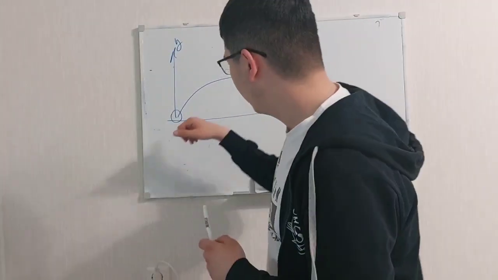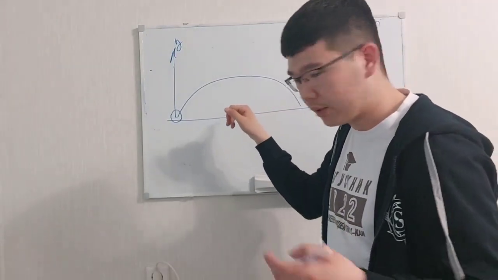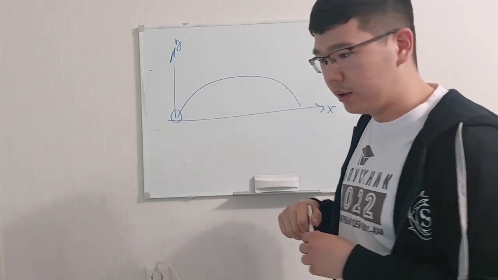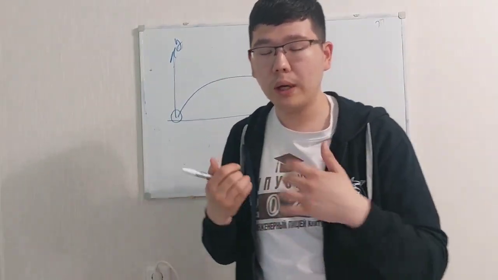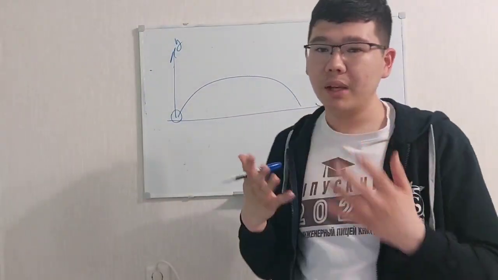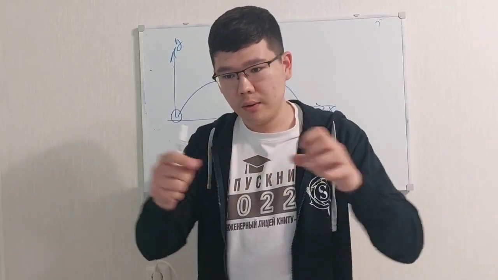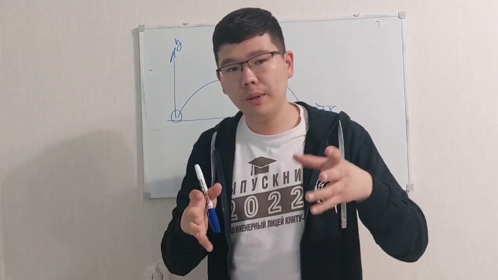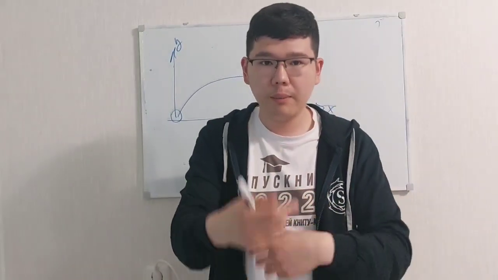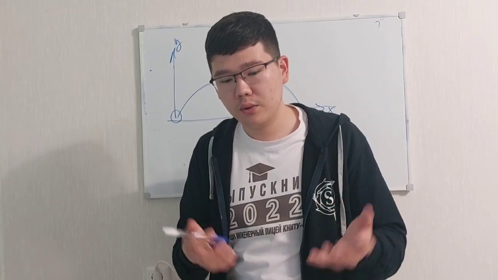So the motion here is in fact quite difficult to describe. And then we have to answer the question, how can we simplify this difficult motion? What can we do in order to simplify it? Maybe we can divide this motion into pieces, into parts of motions and components of motions that would be easier for us to describe, the equations of which would be easier for us to analyze.